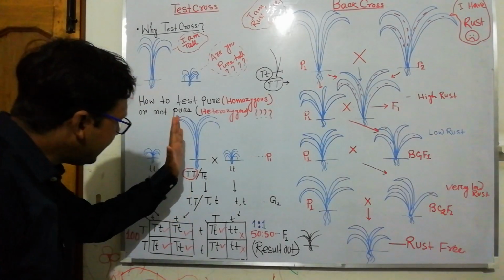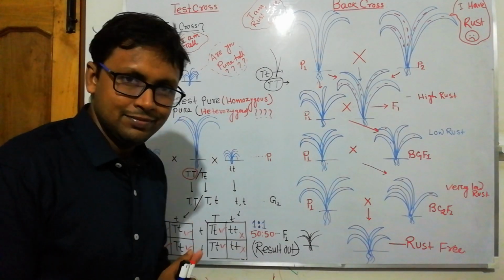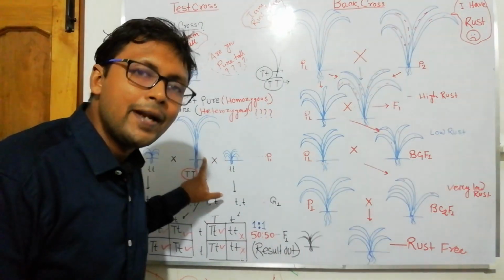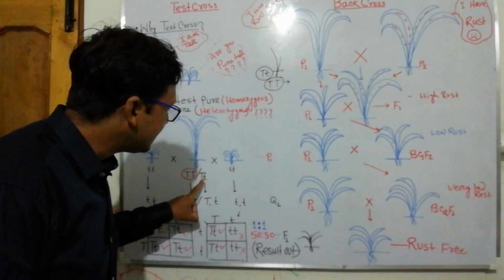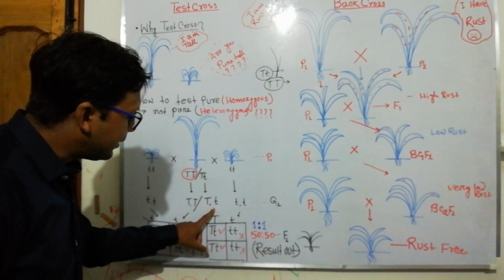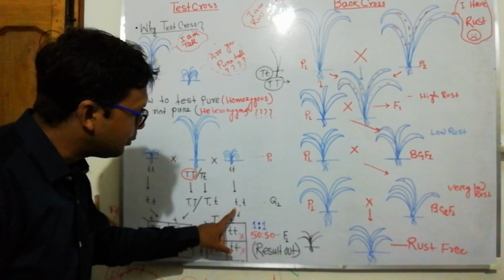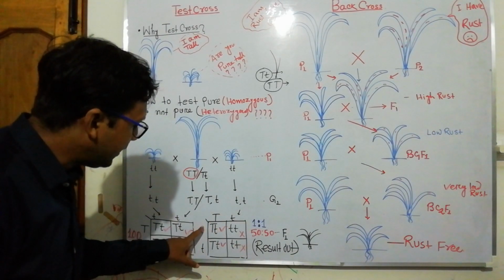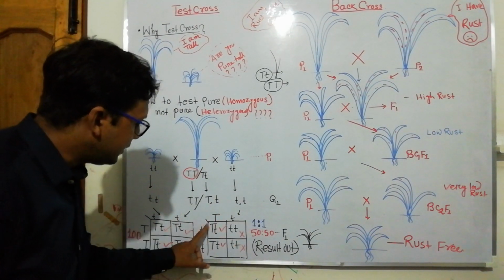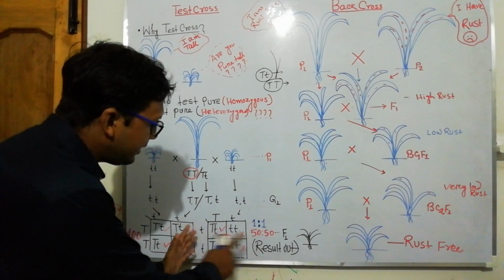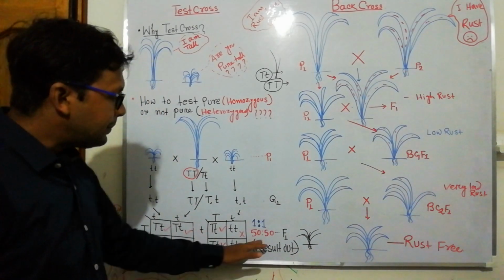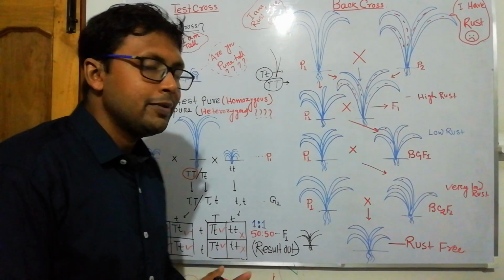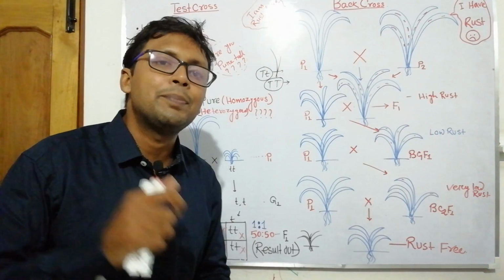So when it is heterozygous, what will happen? That is capital T, small t. When this tall plant, capital T, small t, forms gametes, two types of gamete are produced, capital T and small t, and the short plant produces one type of gamete, small t. In the checkerboard, as a result, the phenotypic ratio is 50-50, that is 50% tall plants and 50% short plants.